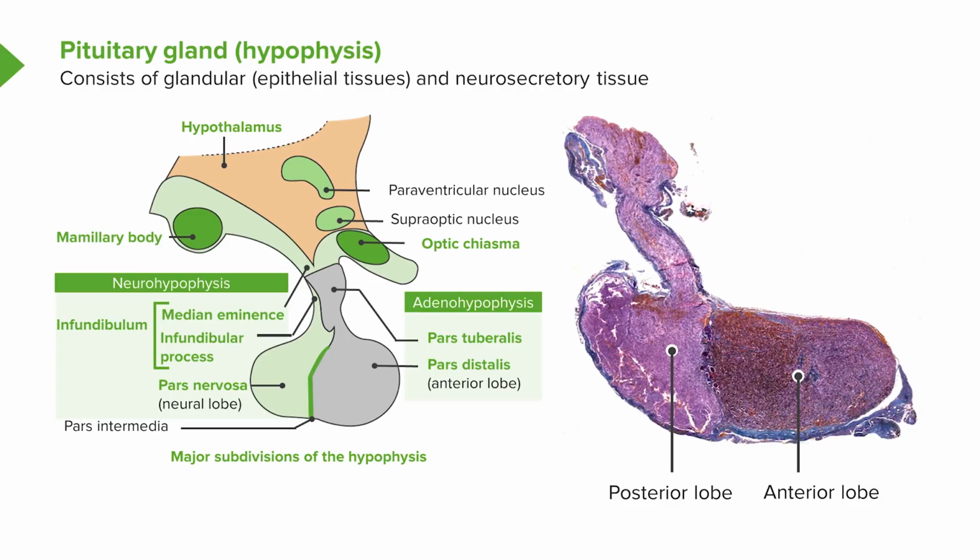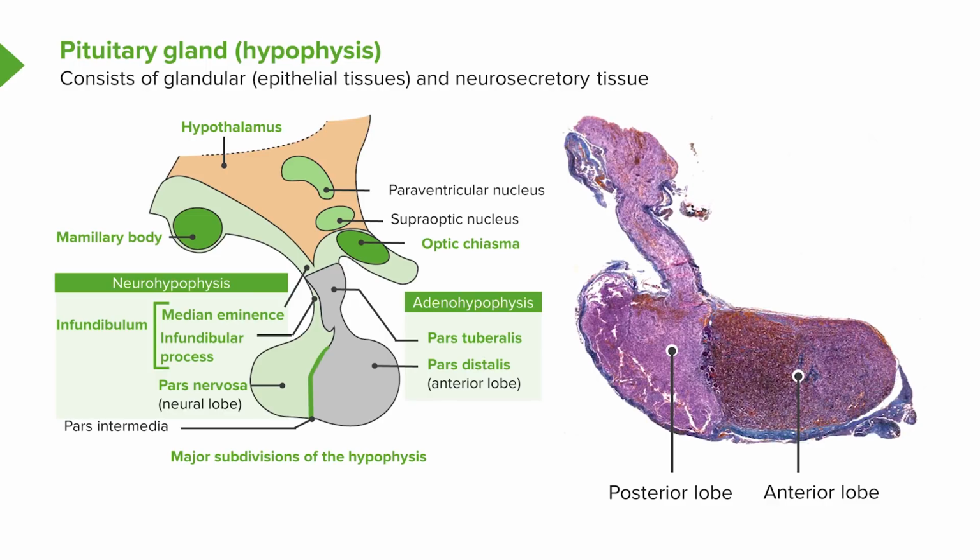The anterior pituitary is derived from an out-pocket of the oropharynx, or Rathke's pouch, so it's derived from oral ectoderm. These differences are the reason why, histologically, they're very different when we look at them using a microscope.